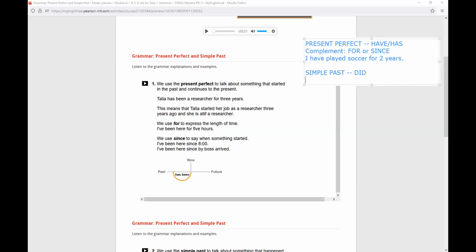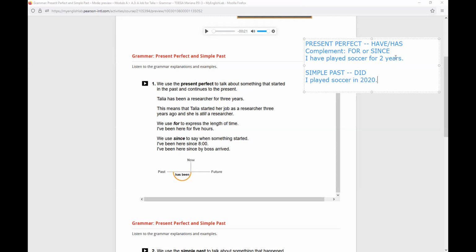For example, I played soccer. Yo jugué fútbol in, I don't know, in 2020. Yo jugué fútbol en el 2020. ¿Ok? Entonces, a esto se refiere con el pasado simple. ¿Listo? Yo jugué fútbol en el 2020. Y en el tiempo pasado siempre nos va a mostrar un tiempo exacto en el pasado. ¿Cuándo jugué fútbol? En el 2020.